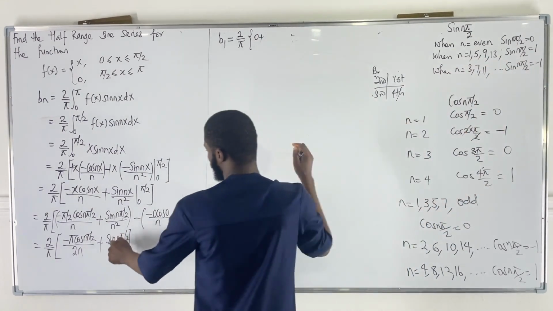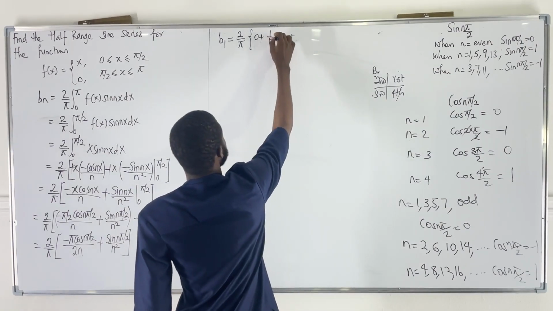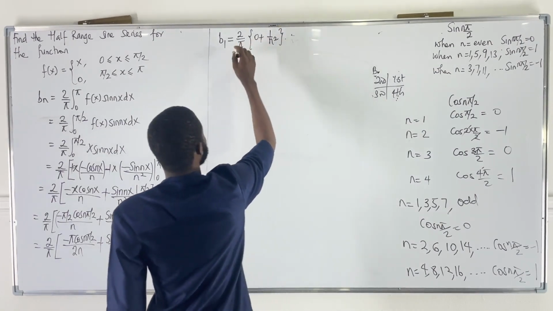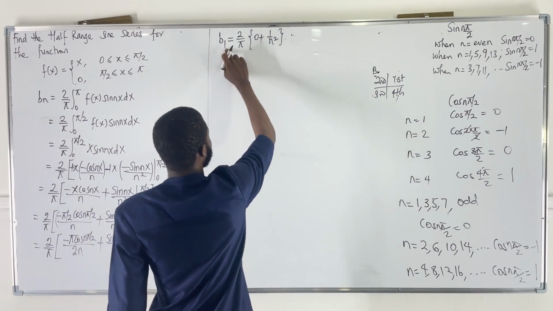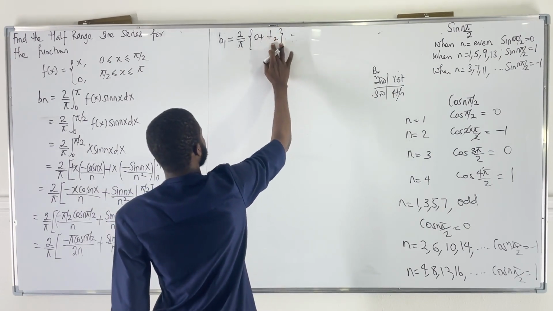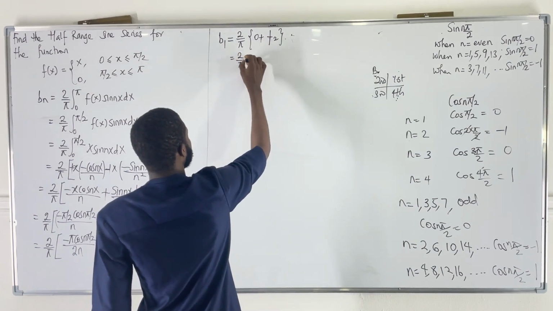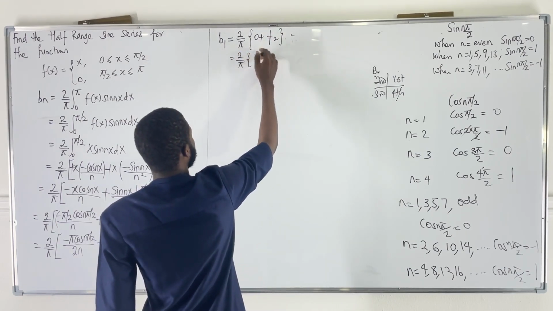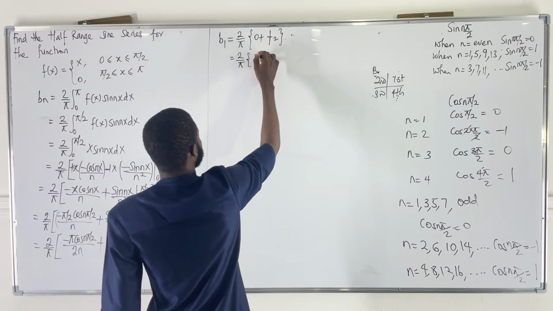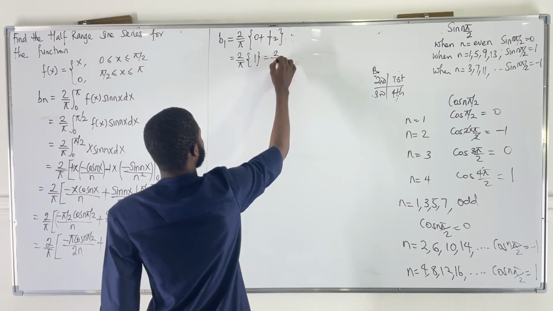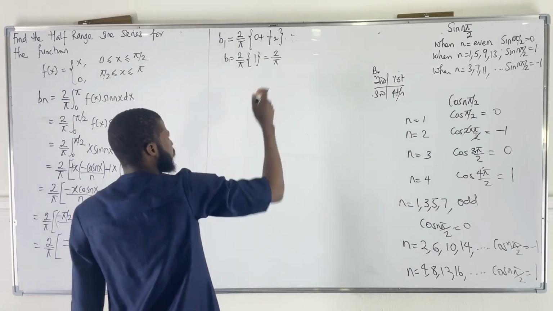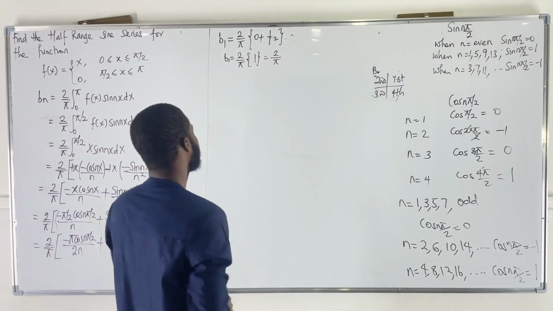So we're going to be having 1 over n squared. Now, remember that n is 1, so let me just put my 1 squared here. So this is 2 over pi multiplied by 1, because 1 over 1 squared is still 1. So this is just 2 over pi. So b1 is 2 over pi. Okay, let's find b2.